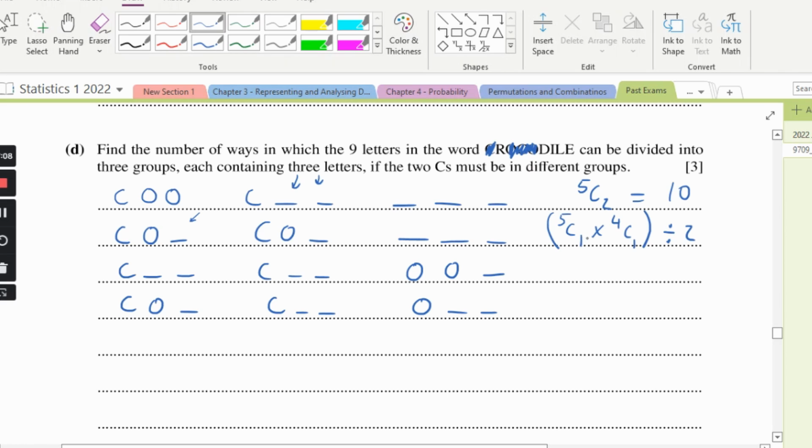I don't know, just because it looks good. Because we've got that repeat CO, CO. No. Or what's another way we could do it? We just do 5 choose 3.